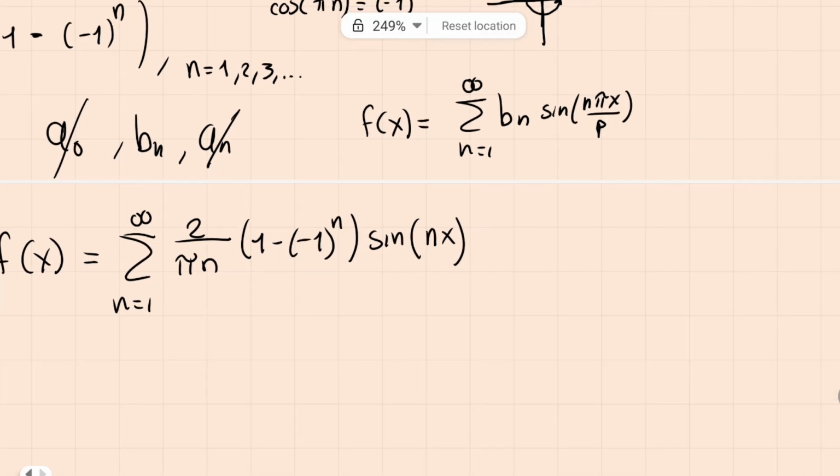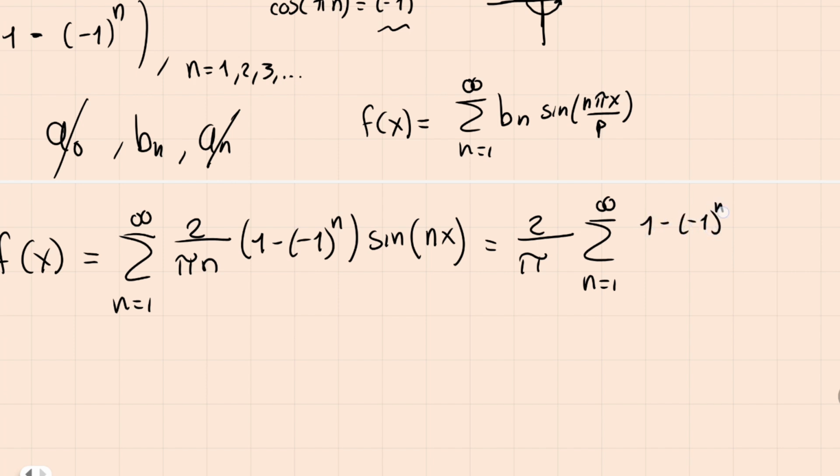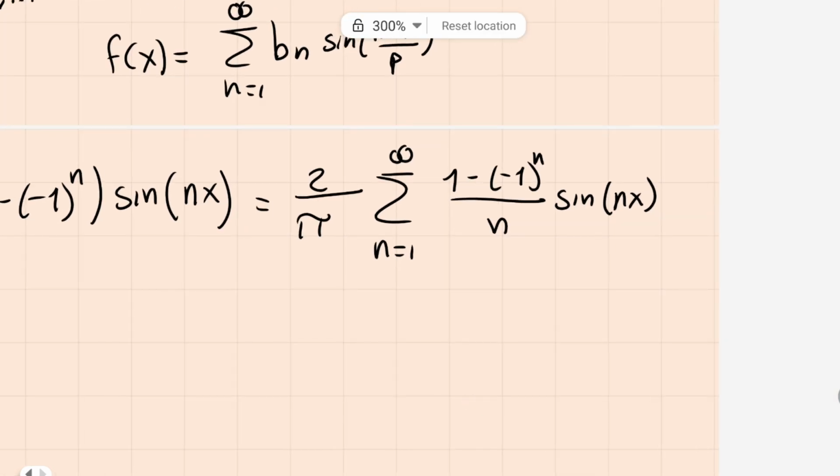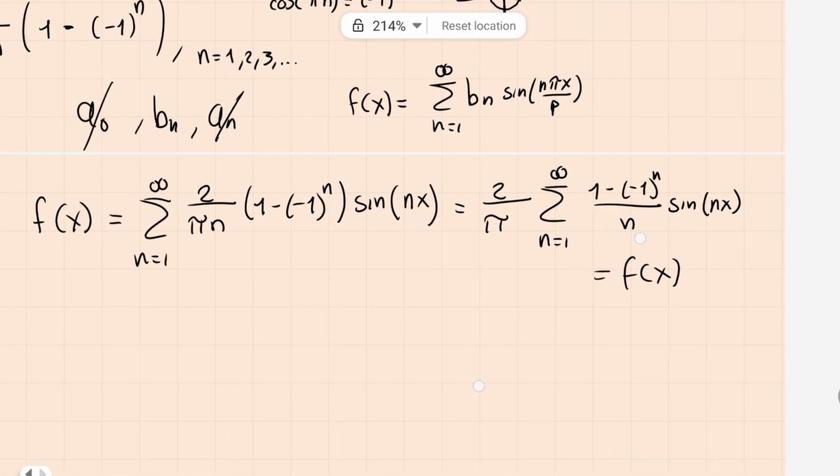Perfect. Just to rewrite this, we can take the 2 over pi out, and the sum from n equals 1 to infinity of (1 minus (-1)^n) over n, sine of n times x. Perfect. So this will be the Fourier series of the function f of x that we are dealing with.